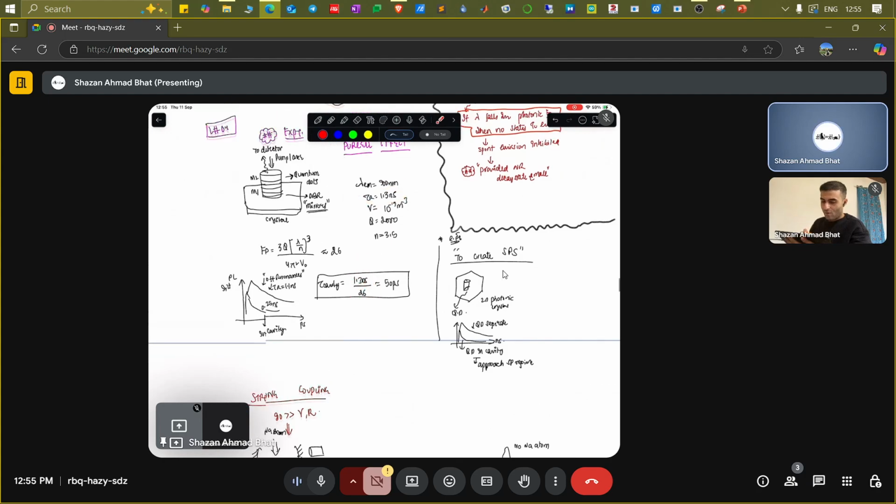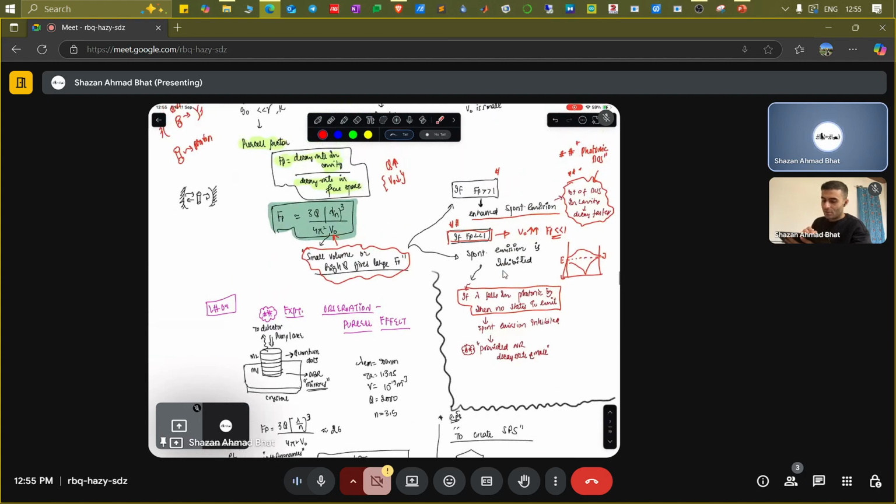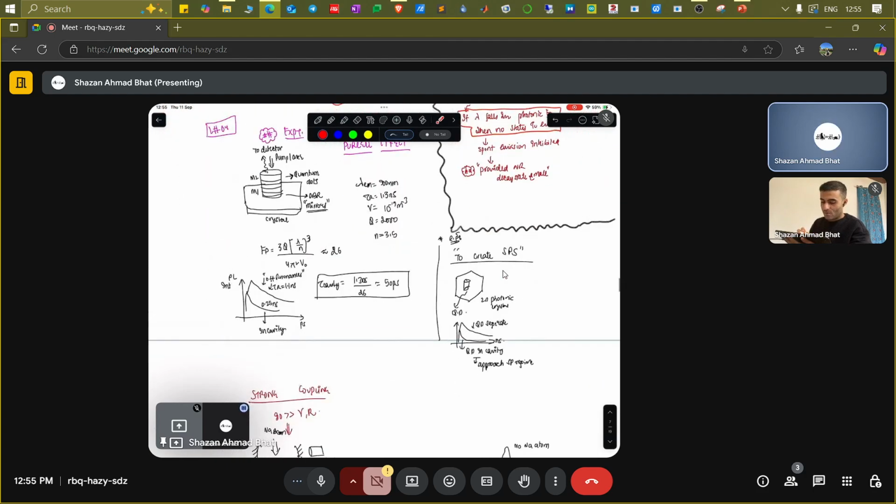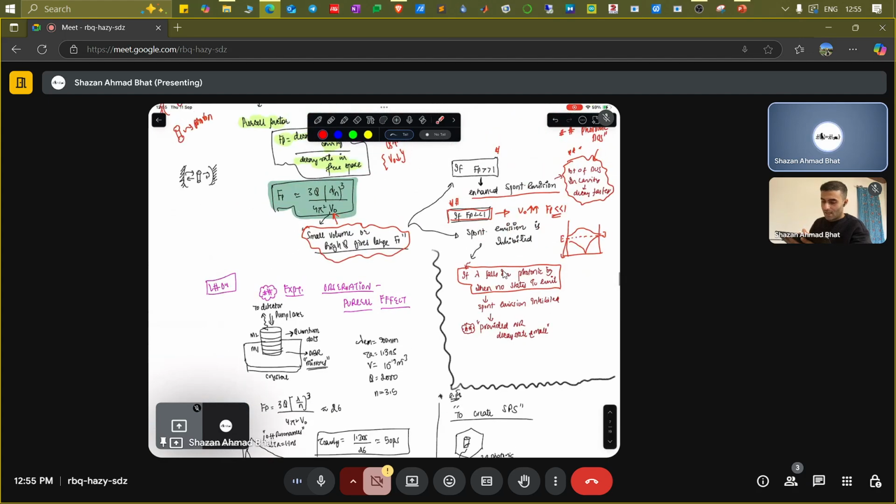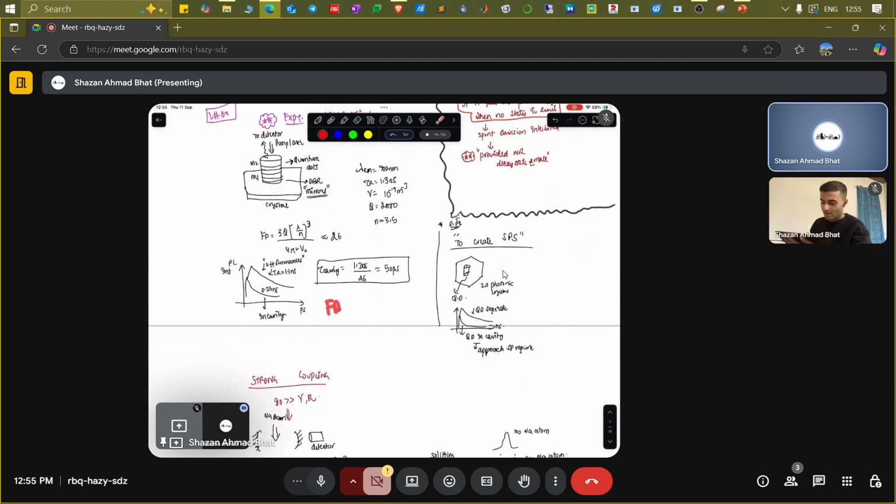Why can it be found out? Because of this ratio: the Purcell factor is the decay in a cavity divided by the decay in free space. So you get tau cavity to be 50 picoseconds.